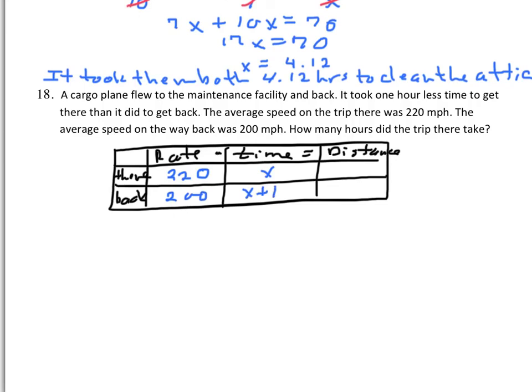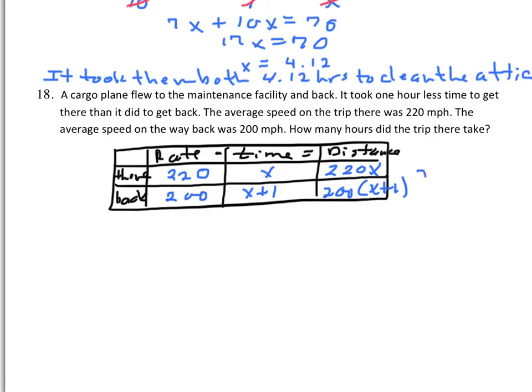For the distance, I'm going to multiply here. 220 times x gives me 220x, and 200 times x plus 1 gives me 200 times x plus 1.